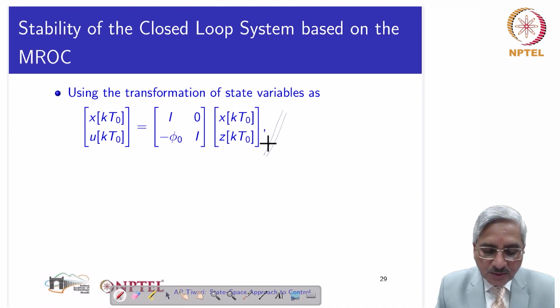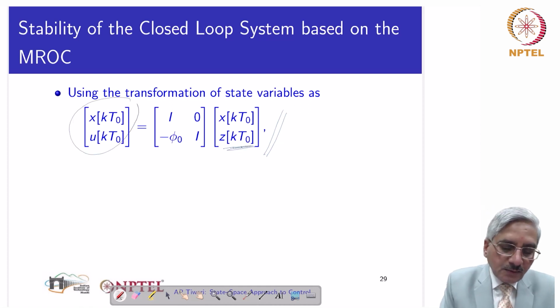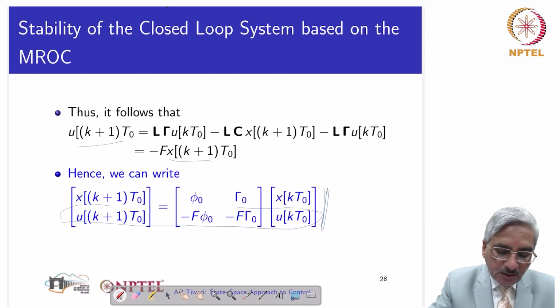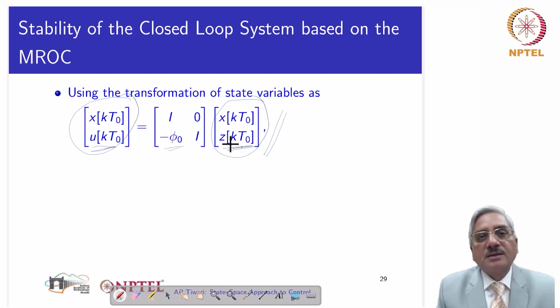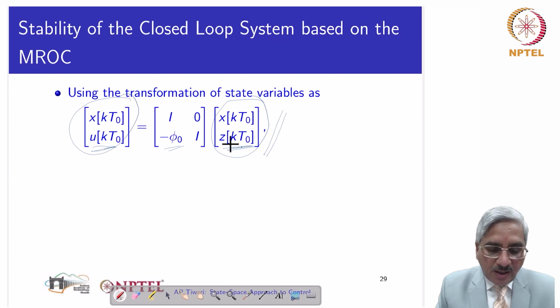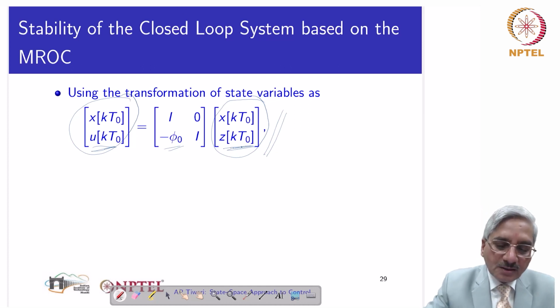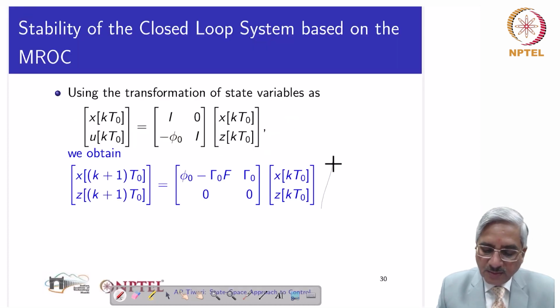We introduce a new variable z at t0, and these are the states of the system here, x and u. In the new, transformed system, we have the states x and z, in which u is equal to minus phi 0 x plus z. And with this transformation, the system becomes this one.